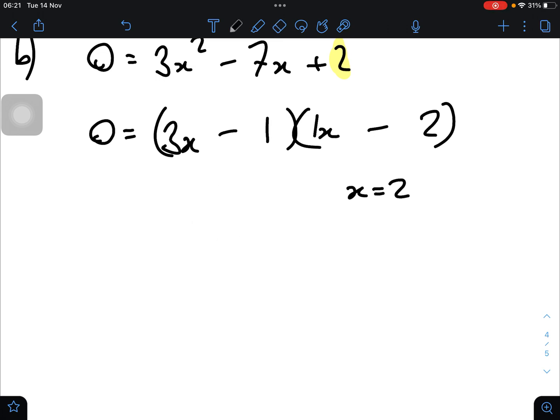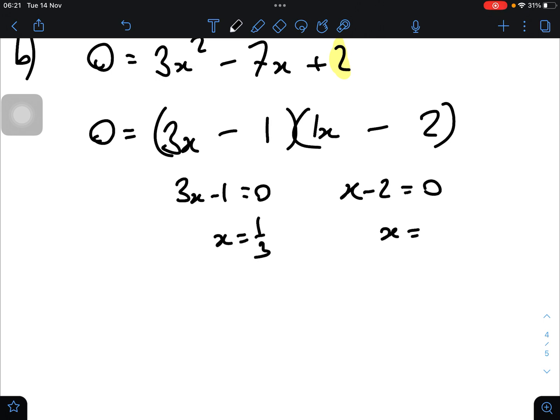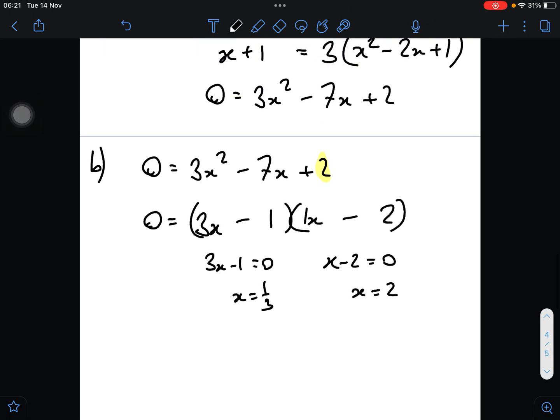Let's do it the other way around actually. So we'd have 3x minus 1 equals 0. Let's do them properly. x minus 2 equals 0, so therefore x equals a third, or x equals 2. So we get two solutions here.